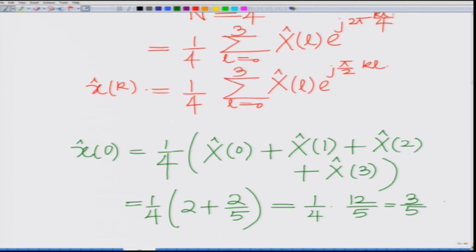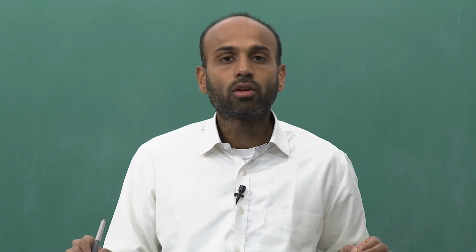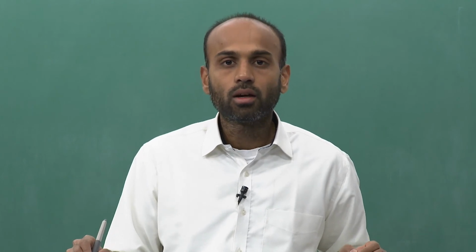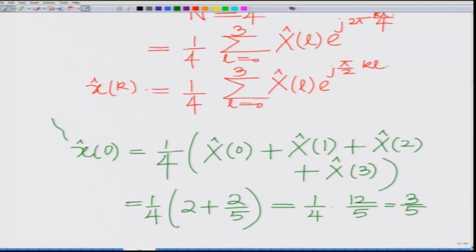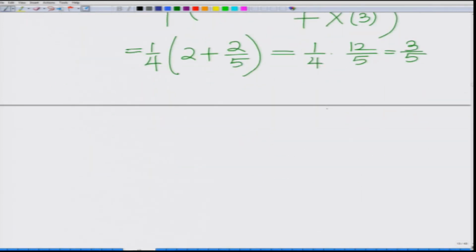That is small x hat 0, which is the estimate of the 0th transmitted symbol in the time domain, right, is basically 3 over 5. That is what we have just calculated, right. This is the estimate of the 0th symbol in the time domain.